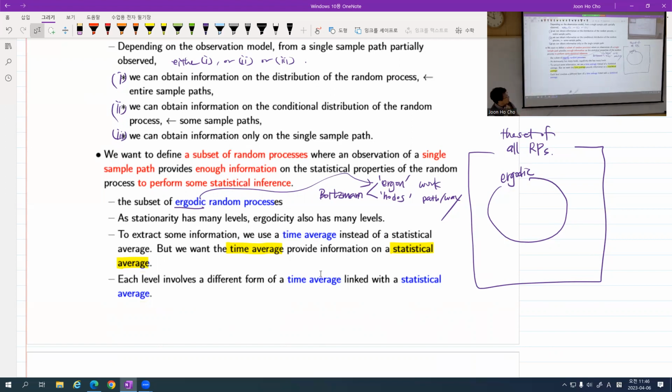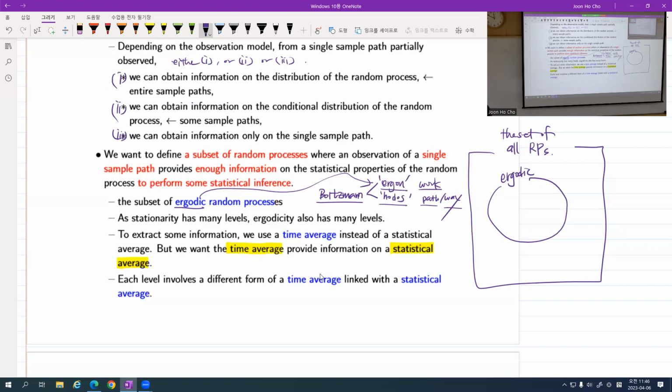I never actually tried to find the root of this term, but today I asked Bing Chat. And it says that Boltzmann, the physicist, first coined this term based on Greek words. Ergon means work, and hodos means path or way.